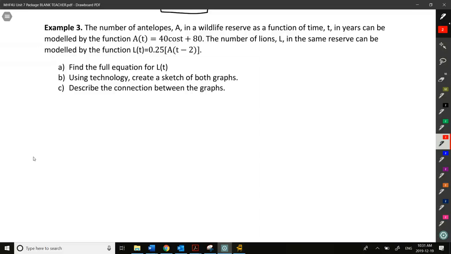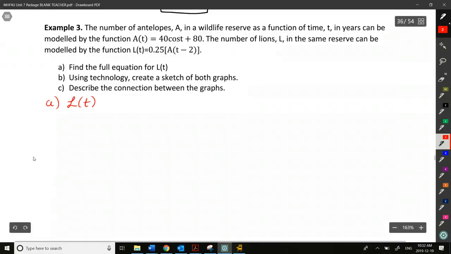So if we talk about the number of antelope in a wildlife reserve, as a function of time in t years, it could be modeled by the function A at t equals 40 cos t plus 80. And then the number of lions in the same reserve can be modeled by the function L at t equals 0.5 A at t minus 2. So we're going to find the full equation for L at t. Start with that.